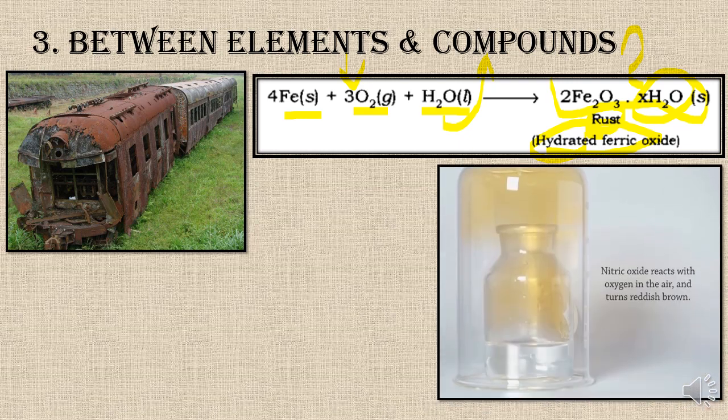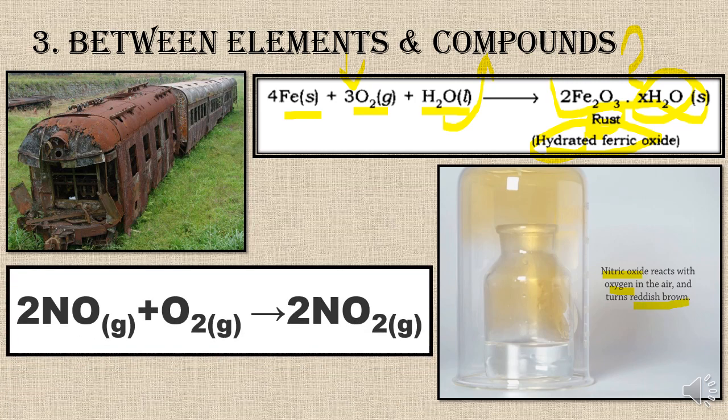Okay, moving on. When nitric oxide and oxygen gases, which are colorless gases, are made to combine, a compound is formed which is nitrogen dioxide. It is a reddish brown colored gas. Here also one of the reactants, that is nitric oxide, is in the compound form and oxygen is in its element form.